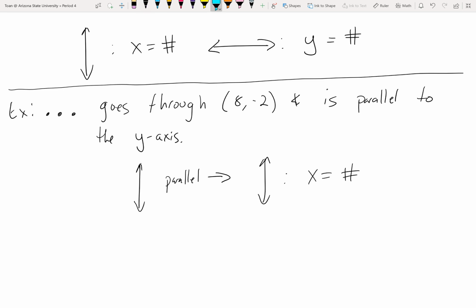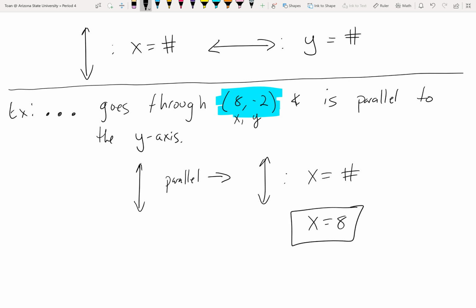They gave you this point, red flag, disclaimer: it's not a trick question. Very obvious, straightforward. Every single point is an x comma y. We know that our answer should be x equals a number. Guess what our equation should look like? x equals 8. That is the answer. x equals 8.